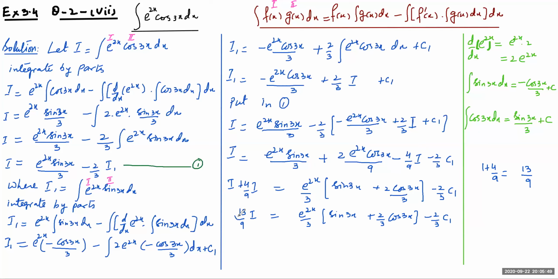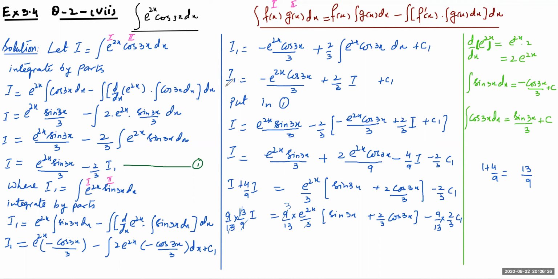Now multiply both the sides by 9 by 13. As a result, you will have to multiply 9 by 13 here, and also 9 by 13 will be multiplied with this minus 2 by 3. So I'm making some space for my minus 2 by 3 C1. I have to multiply it by 9 by 13. So what happens? I get this cancelled and a 3 here.